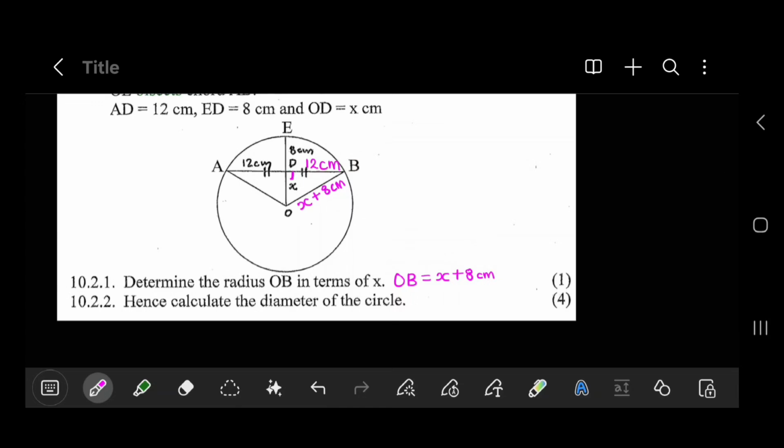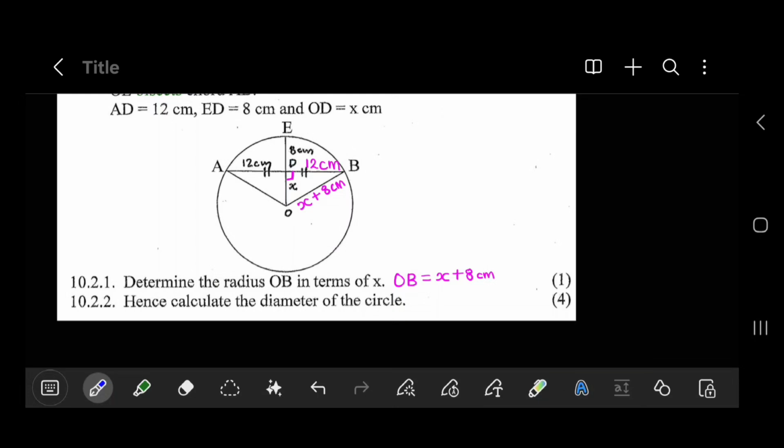Now, how do we know that this is 90 degrees? Your first theorem in the section states that a line drawn from the center of the circle perpendicular to the chord will bisect the chord. Basically, this is the converse of that. So we would have a line drawn from the center of the circle bisecting the chord is perpendicular to it. Basically, we have used perpendicular bisector.